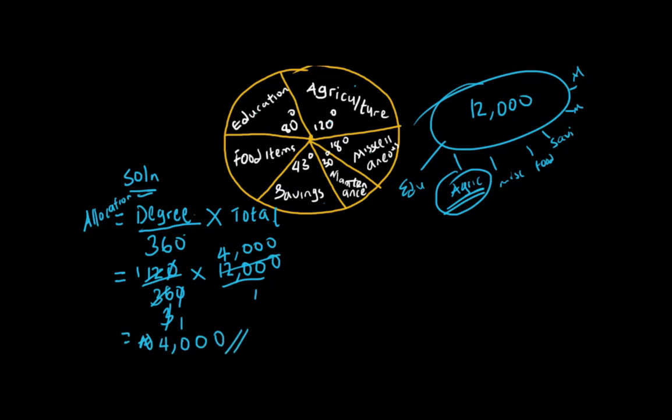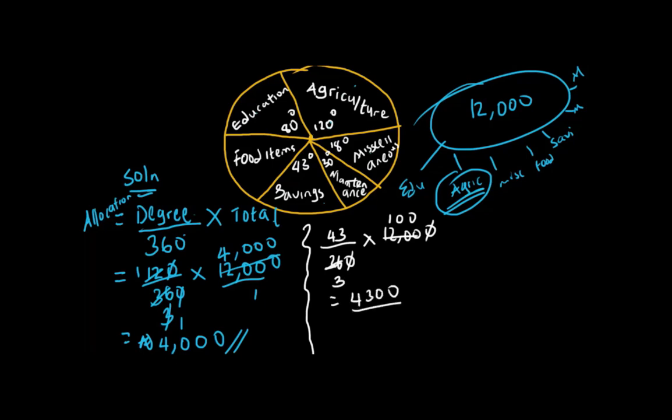Does that make sense? Now, if you are asked how much was allocated to savings, so that would be 43 all over 360 times 12,000. 0 cancels 0. 12 here 100. 12 here 3. 43 times 100 will give us 4,300 all over 3. 3 here 1. 3 in 4 is 1, remainder 1. 3 in 13 is 4, remainder 1. 3 in 10 is 3, remainder 1. 3 in 10 is 3, remainder 1.